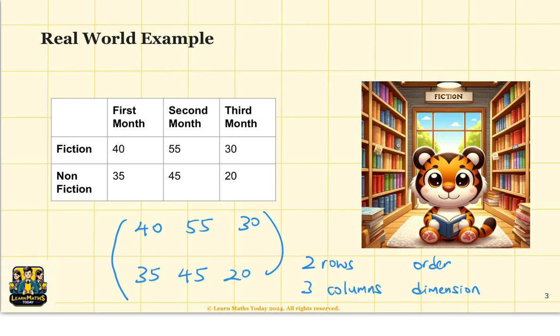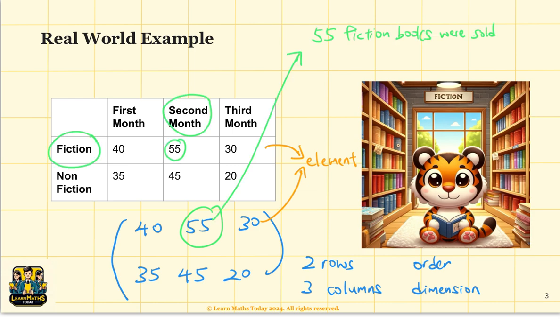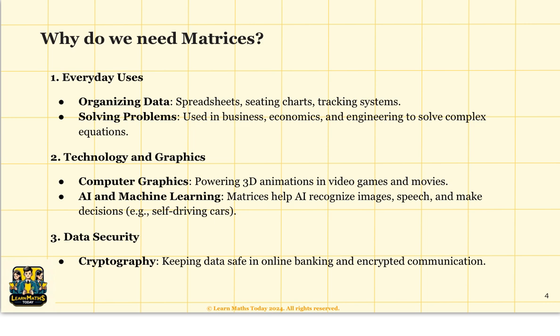Every element in the matrix corresponds to an entry in the original table. For example, in the first row, second column, where the entry is 55, it means in the second month, 55 fiction books were sold.